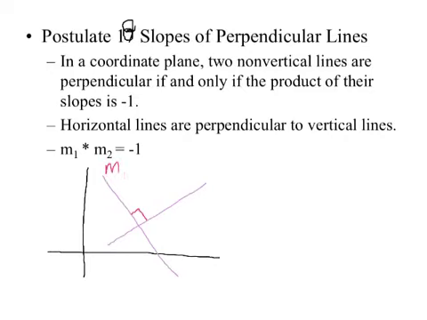Okay, I have m1 and m2. If I multiplied the slope of the first line times the slope of the second line, my product, my answer, would be negative 1. Horizontal lines are perpendicular to vertical lines. So if you have a horizontal line and a vertical line, they are always perpendicular.